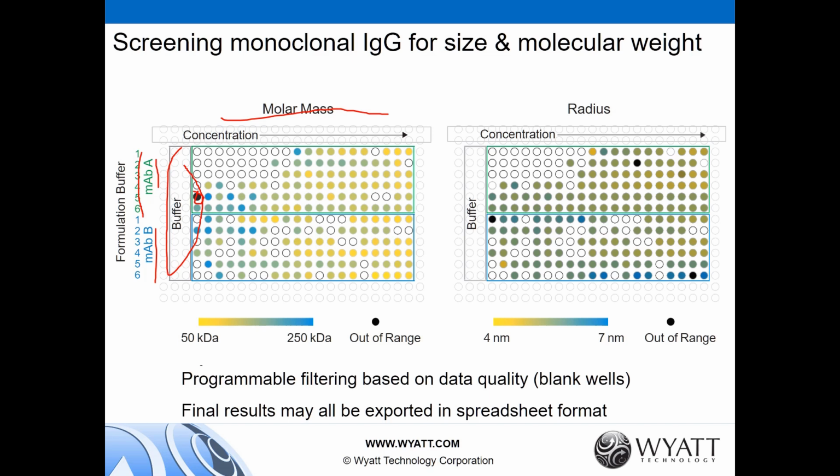And then the final results for all these measurements, whether it's molar mass, radius, polydispersity, and everything else that is analyzed, as well as the conditions of what's in each well, can all be exported into a spreadsheet format so that you can combine that information with information from other analysis techniques in your statistical analysis software or graphing software.